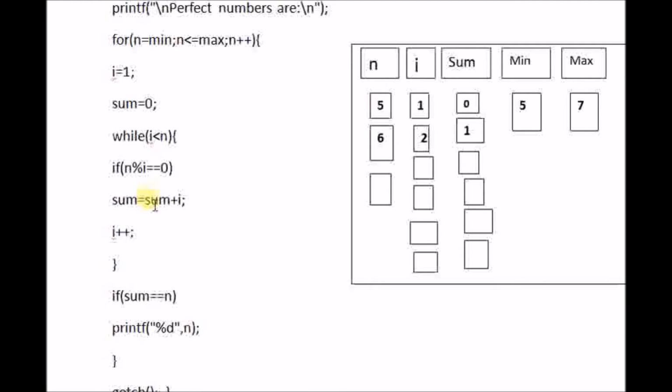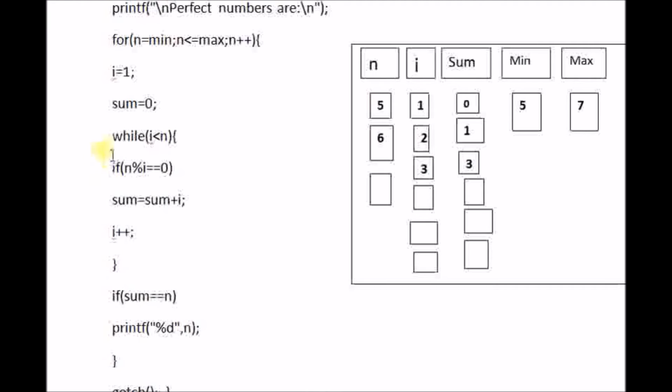The value of sum is 1 and I is 2. 1 plus 2 is 3. So the value of sum will be 3. Next statement is I plus plus. Now the value of I will be 3 as I gets incremented by 1.